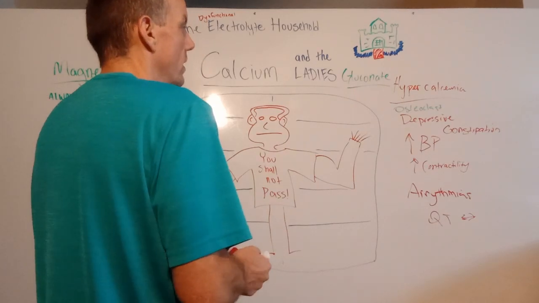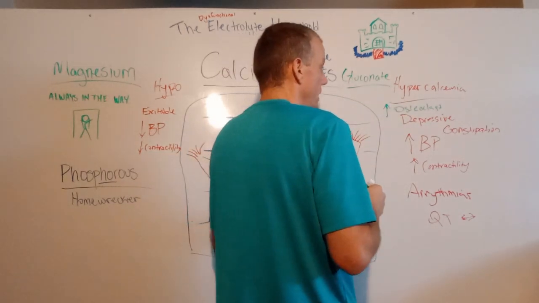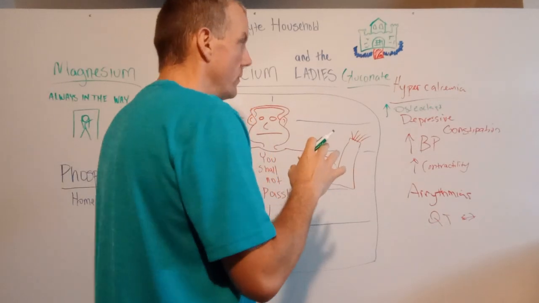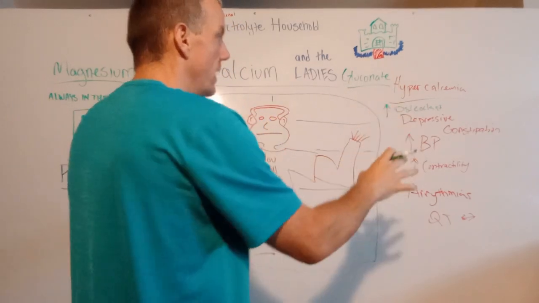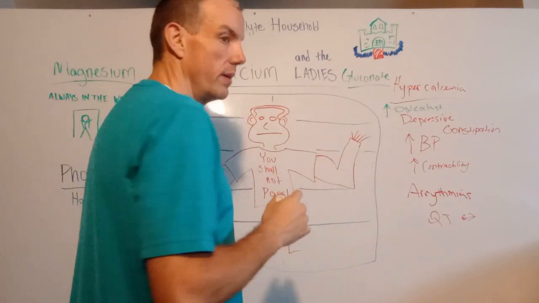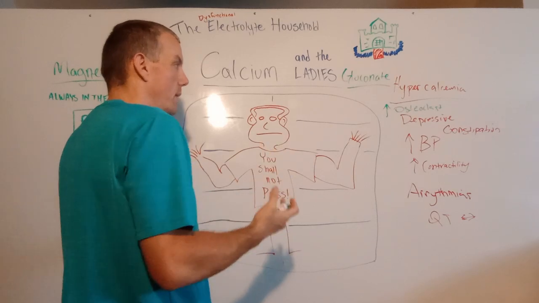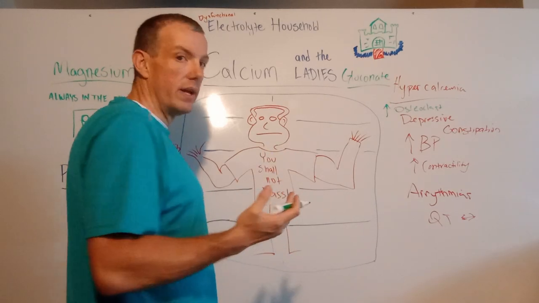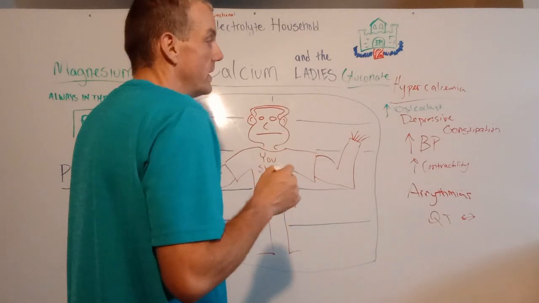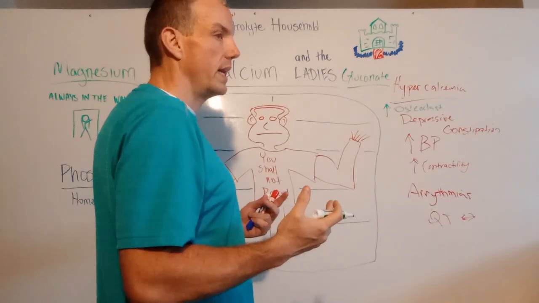And so when this function goes up, you tend to get weak bones, and that's not caused by hypercalcemia. It's the cause of hypercalcemia, right? It seems kind of paradoxical, because you would think, well, if I'm hypercalcemic, then shouldn't I have really strong bones and my body just doesn't know what to do with them? That's actually not the case, because the hypercalcemia is the effect of the breakdown of the bones.